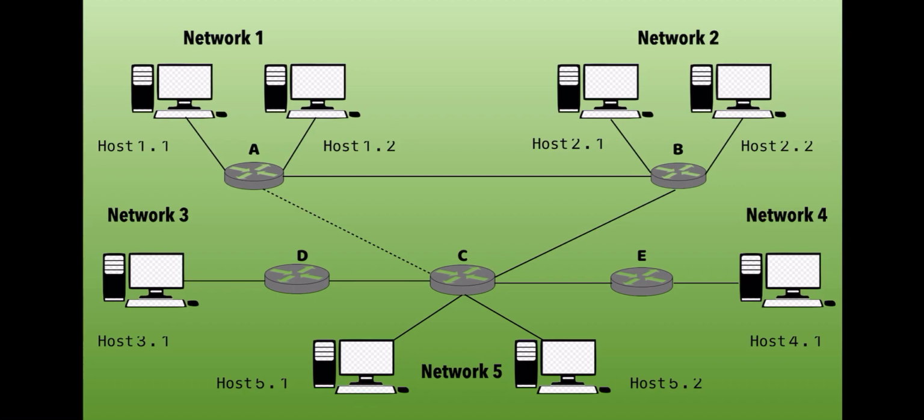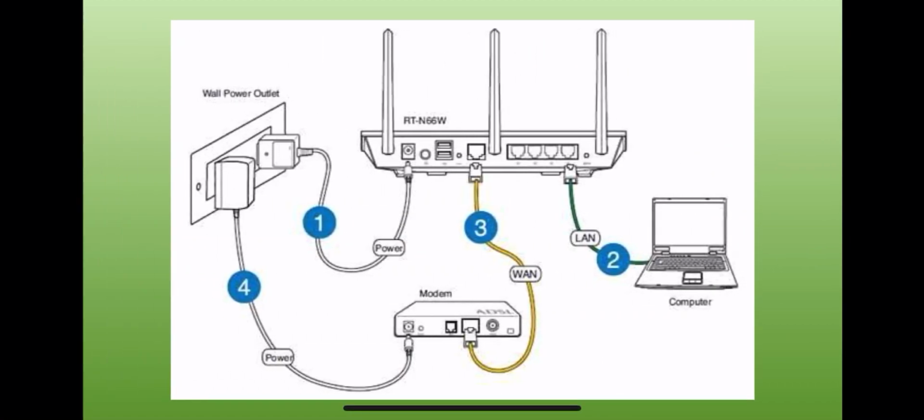Now this shows how routers work. This shows the back panel of a router. You can see there are 4 cables shown: 1, 2, 3 and 4.